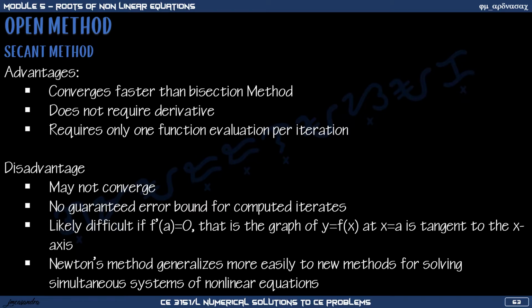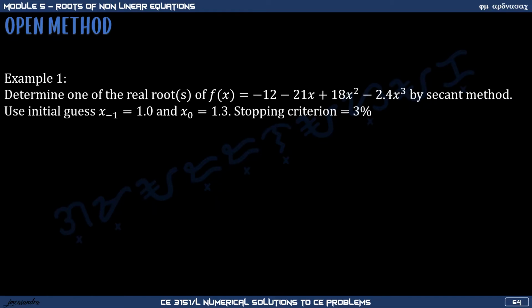Anyways, all of the methods that we have discussed have advantages and disadvantages depending on the given equations. To understand the secant method, let's have an example. We have the given function f of x equal to negative 12 minus 21x plus 18x squared minus 2.4x cubed.